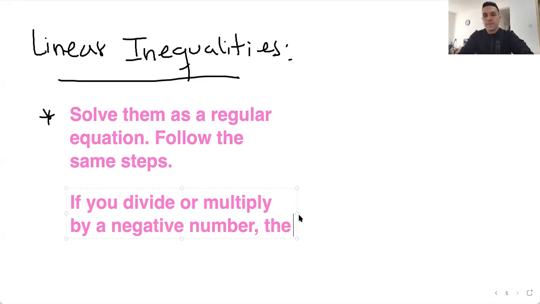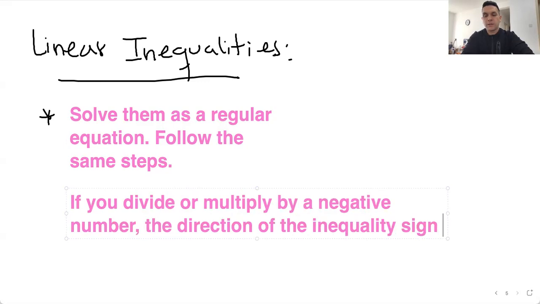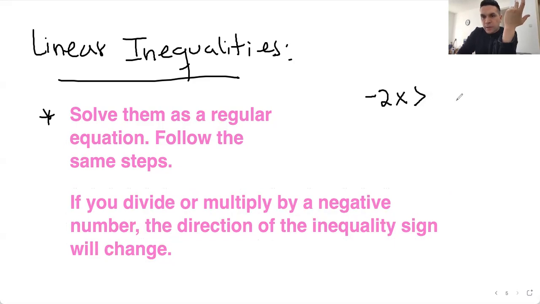The direction of the inequality sign will change. What do I mean by that? Well, let's say this example, negative 2x greater than 4, right? So to isolate my x, I have to divide by negative 2. If I go ahead and do that, look at this step. If you divide or multiply by a negative number, the direction of the inequality sign will change.